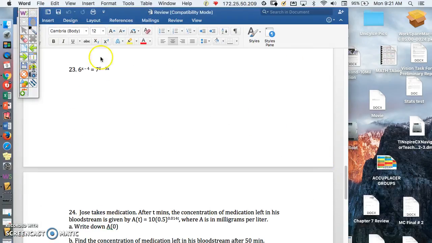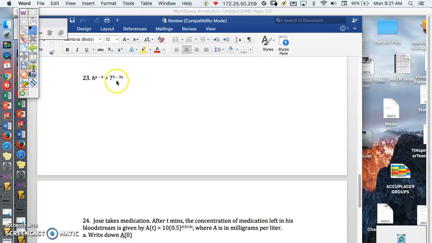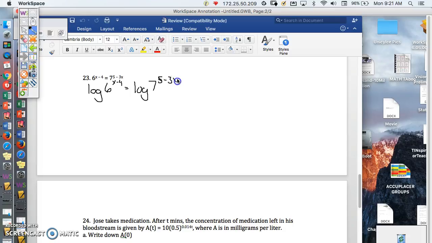Now this last one here, these are probably the trickiest when we have x's on both sides. This is where we take the log, and we use log base 10, so we don't have to write that 10 in there, just the common log, equals the log of 7 to the 5 minus 3x. We like this because now our exponents can come out in front. So x minus 4 log 6 equals 5 minus 3x log of 7.